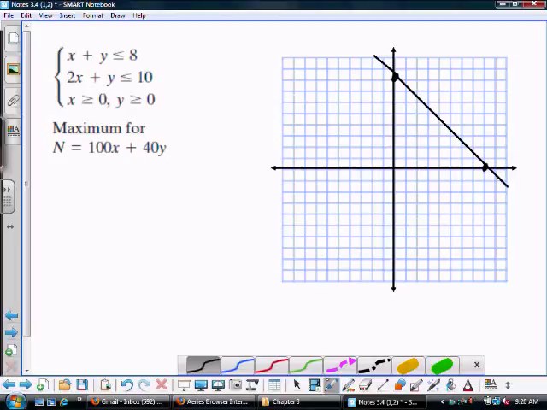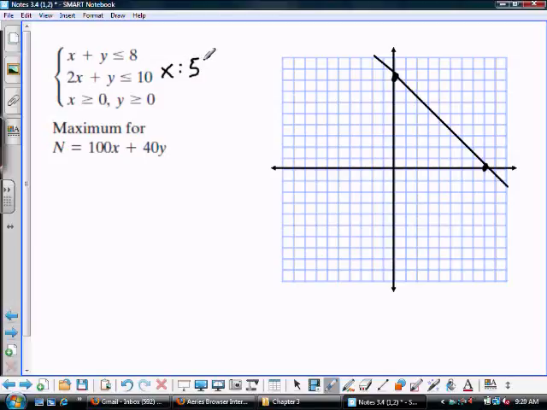For my second function here, my x-intercept is 10 divided by 2 is 5, 0. My y-intercept is 10 divided by 1, which is 0, 10. So let me graph those points. 1, 2, 3, 4, 5, 0, and 0, 10.